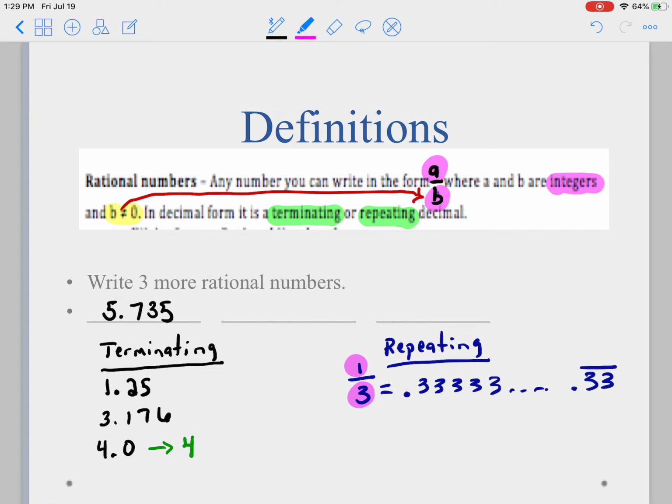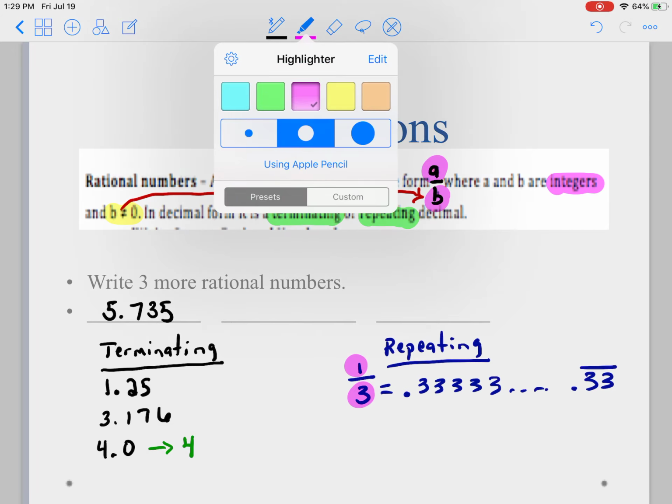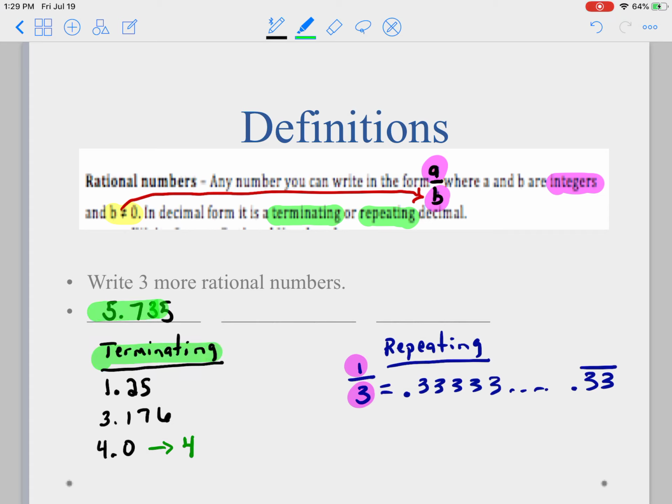That is a terminating decimal, and let's highlight that as a terminating decimal. And let's do one more terminating decimal with, we could just say 2.5. 2.5 is another terminating decimal. So let's go ahead and highlight that green as well.